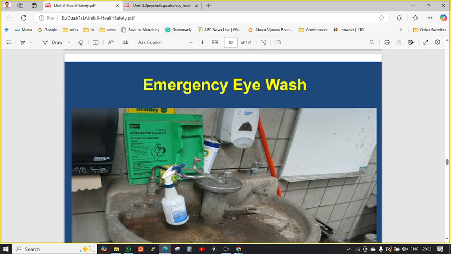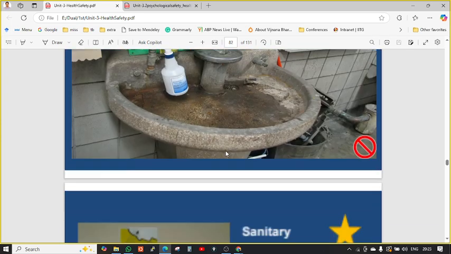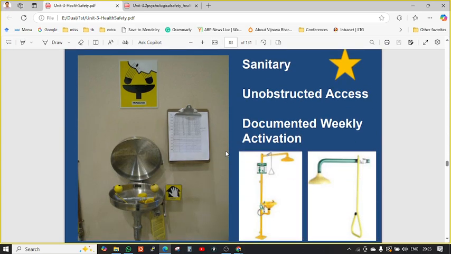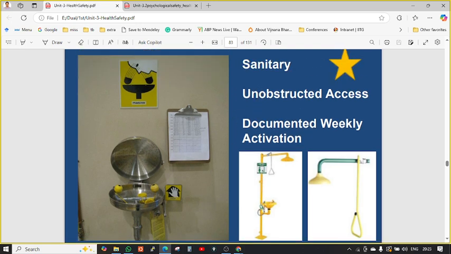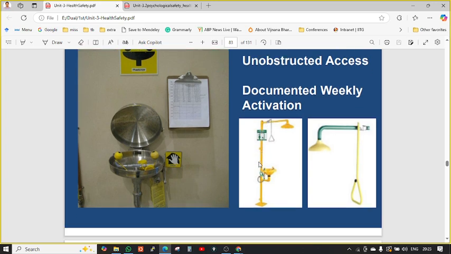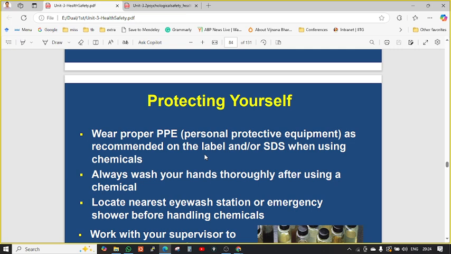So if some chemical falls in your eye, the first thing to do is wash your eyes with water. This is the first task. Then sanitize, that means wash your hands, and document everything. Whatever it may be, note down what was done and what the actions of the chemicals may be. Then the most important part is protecting yourself.